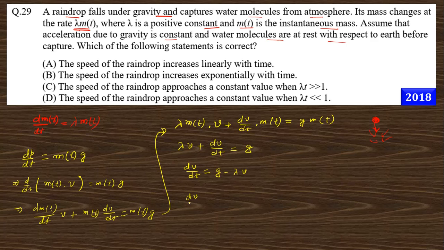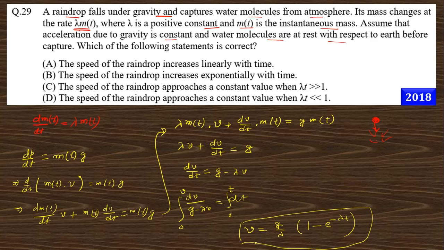So dv by (g minus lambda v) is dt, and initially the velocity is 0, going to a certain velocity v. Just integrate this and you will get the solution of this equation. This is the value of t.